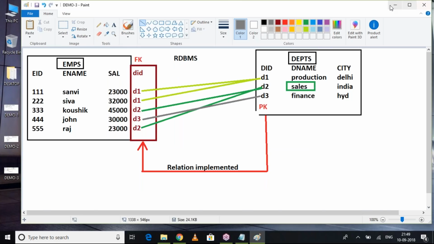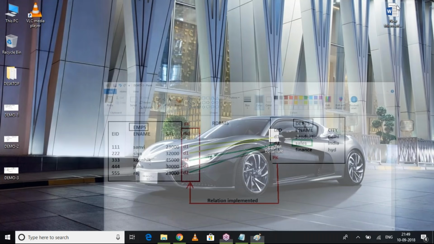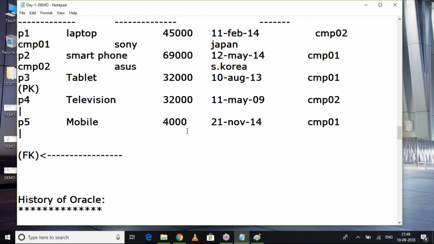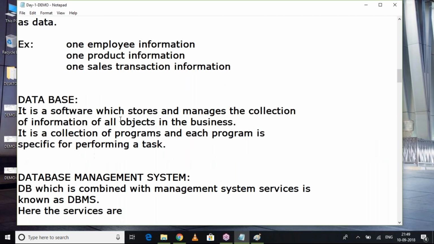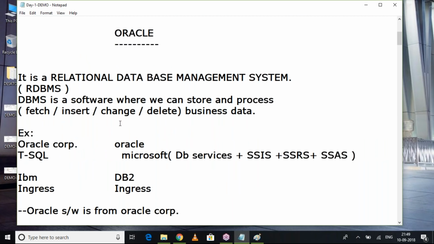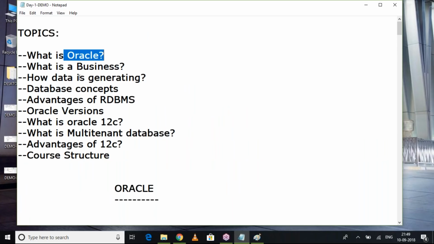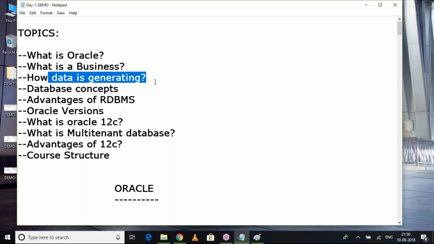Okay, fine. So what we completed: what is Oracle database? What is the use of a database? Store data, access data, manage data. Where is the data from? From business. From where is data generated? From business objects and transactions.